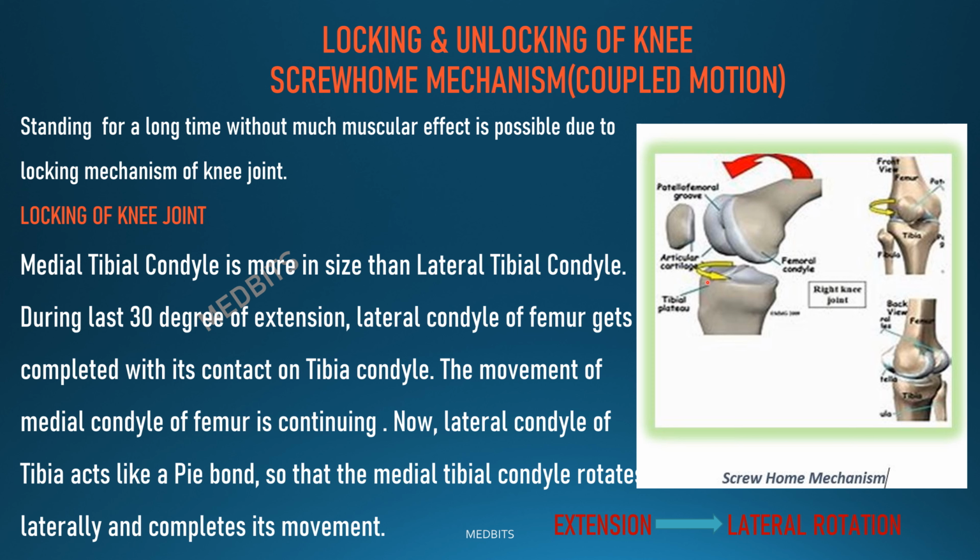The movement of the medial condyle of the femur is continuing. Now, the lateral condyle of the tibia acts like a pivot. It acts like a pivot. Please do know that word. So the medial tibial condyle rotates laterally and completes its movement. Now, extension is associated with lateral rotation, so there are two different motions. That's why it is called coupled motion.